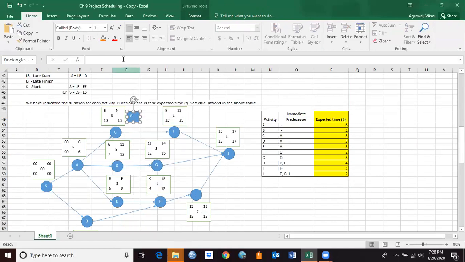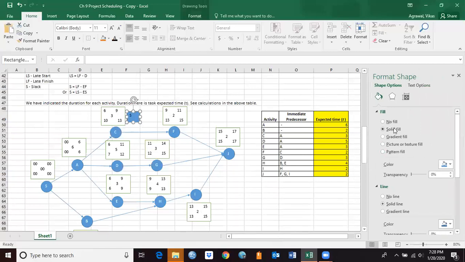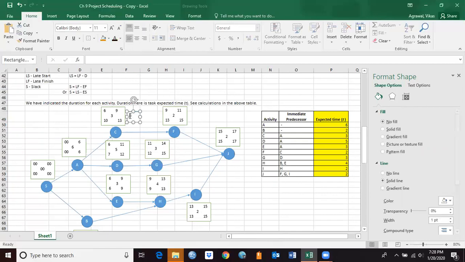First of all, I'm gonna change the font color, right click it, format shape, and I'm gonna say no fill. Okay, and slack is basically given by, as we saw, late finish minus early finish, or late start minus early start. So here is going to be 13 minus 9 or 10 minus 6, which is 4.